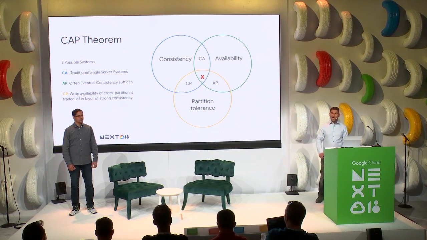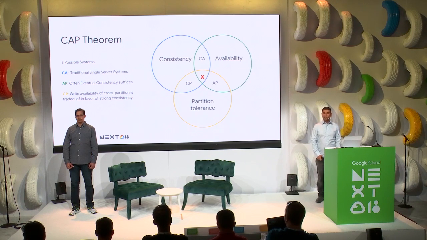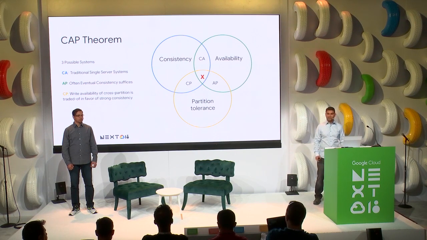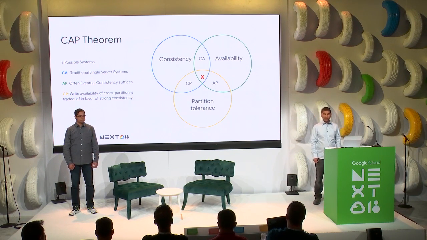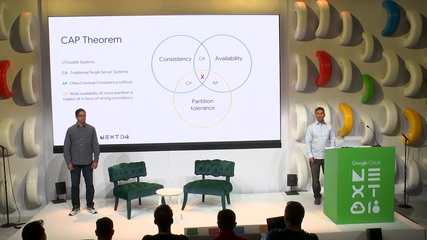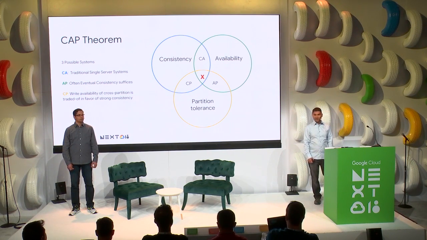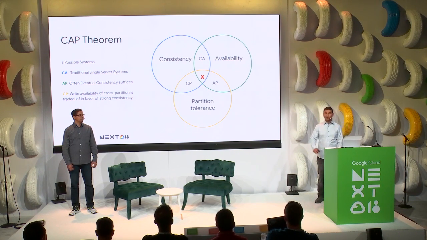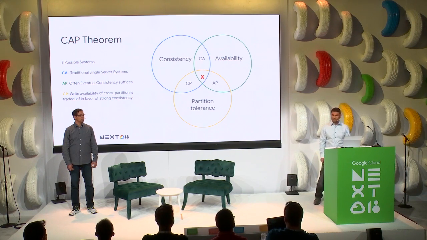So that's how much partition tolerance you need to build for your use cases. Availability and consistency are the other 2 parameters that you can play with. What CAP Theorem states is that you can pick only 2 of these, and you're probably trading off on the 3rd one. And in the intersection of all 3, that's almost an impossible thing to build.